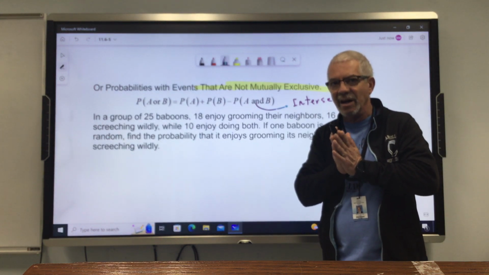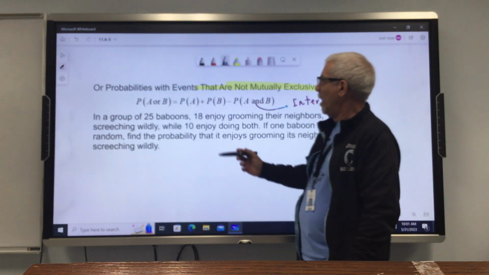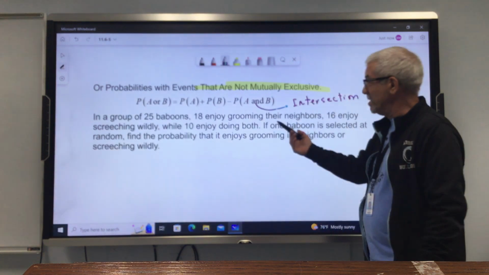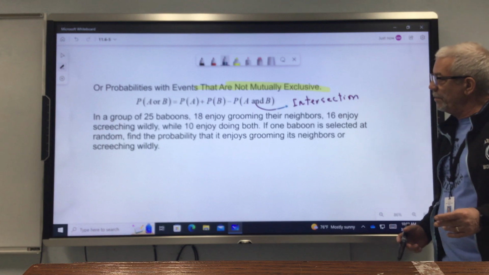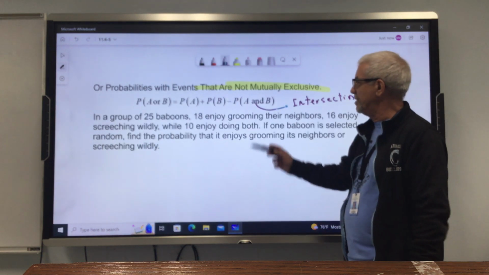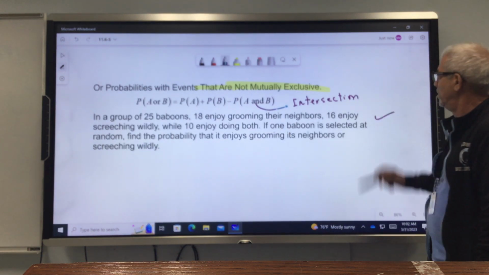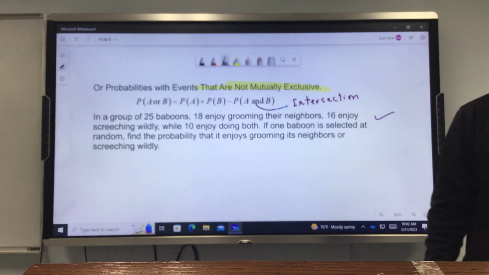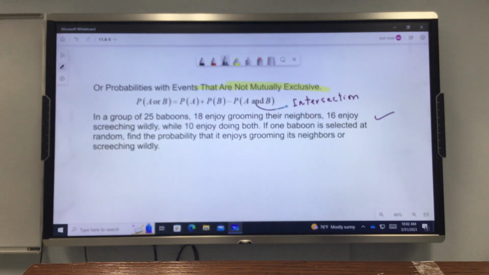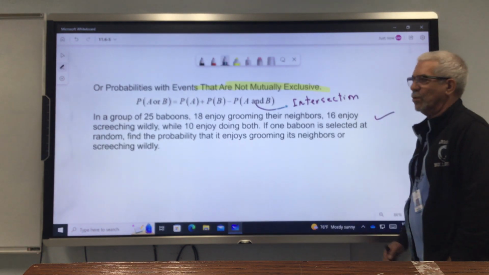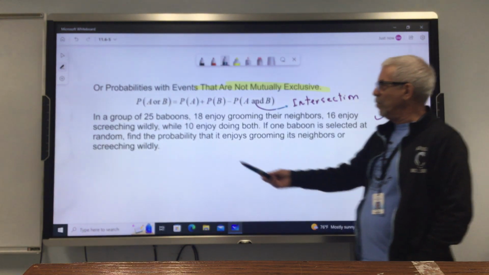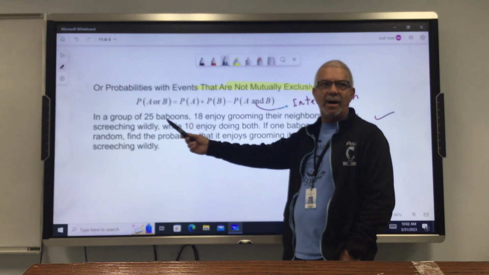All right, and we are going to see this example. And again, let me give you some minutes, not 2 seconds, to understand the problem right here. Look, we have a group of 25 baboons.